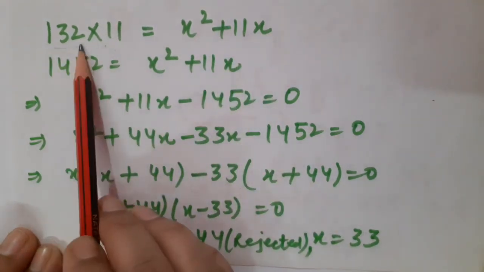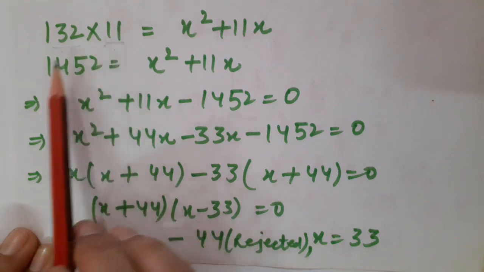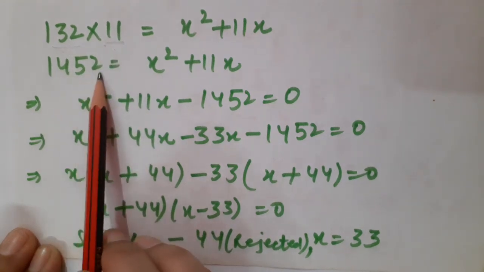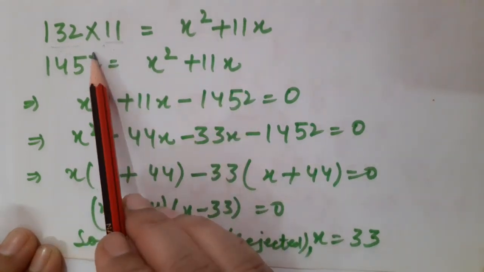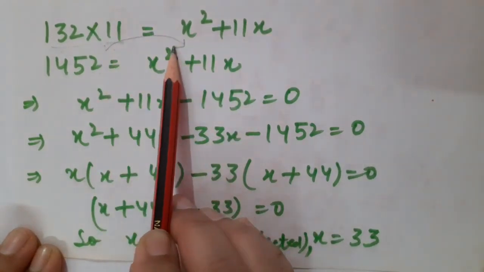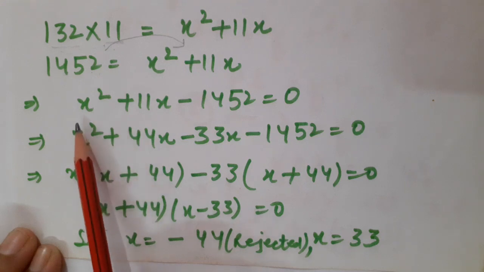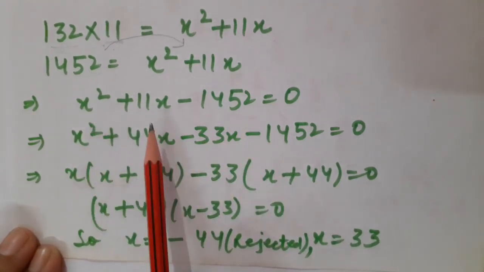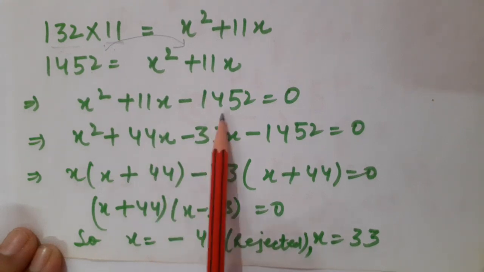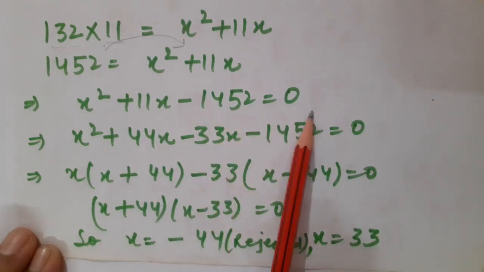Correct? So 132 will be multiplied by 11. So I will be getting 1452 is equal to x square plus 11x. This 1452 I am going to take on right hand side. So this is the required quadratic equation, that is x square plus 11x minus 1452 is equal to 0.